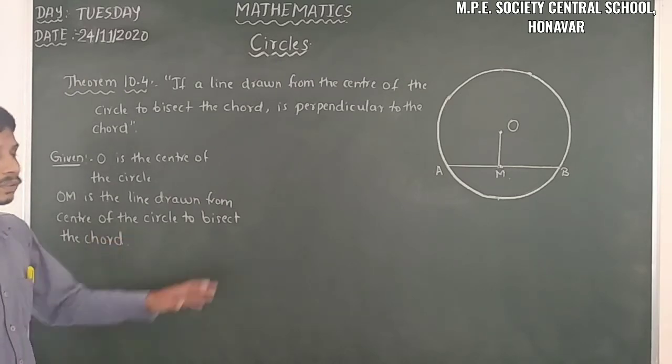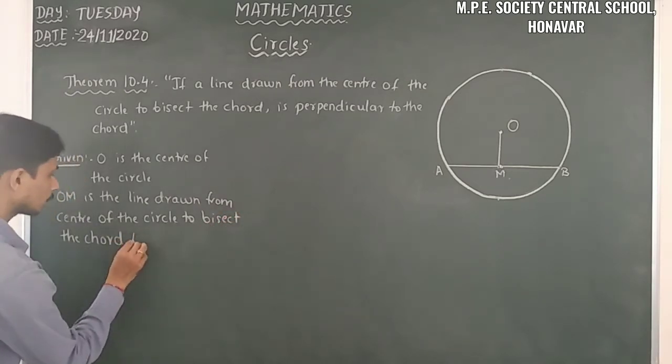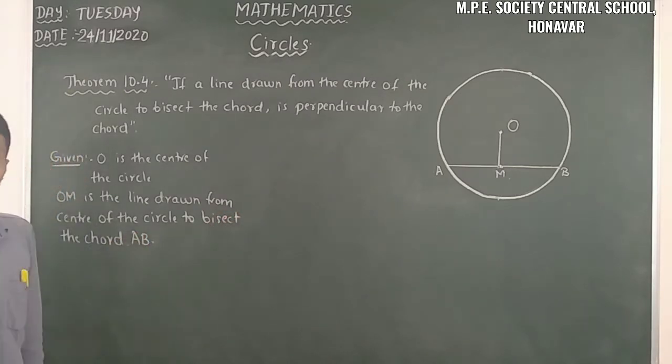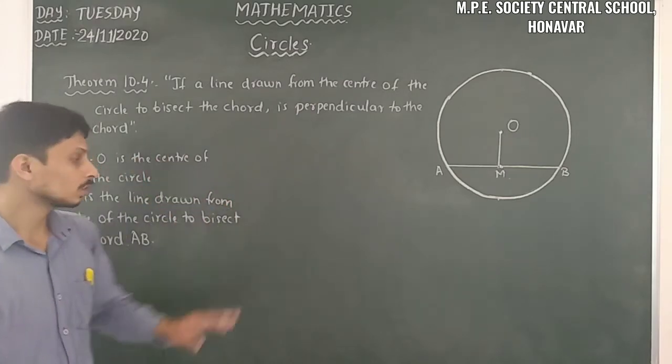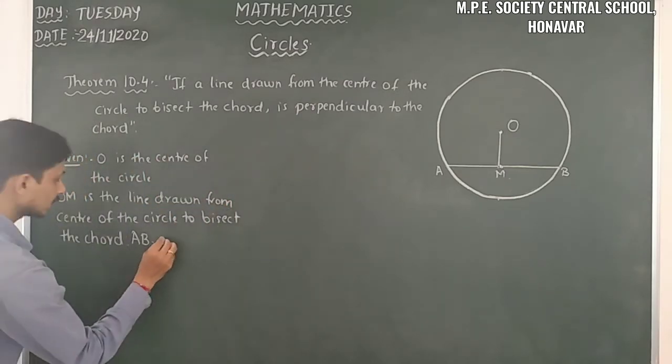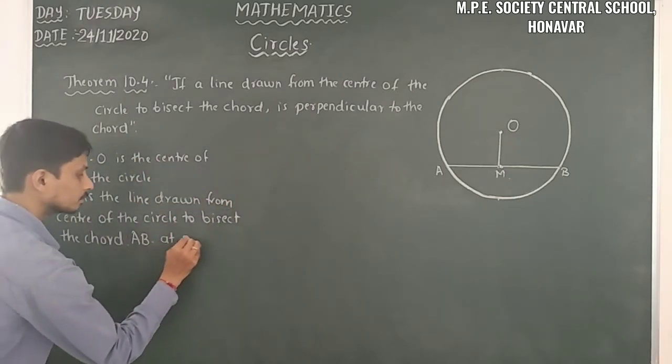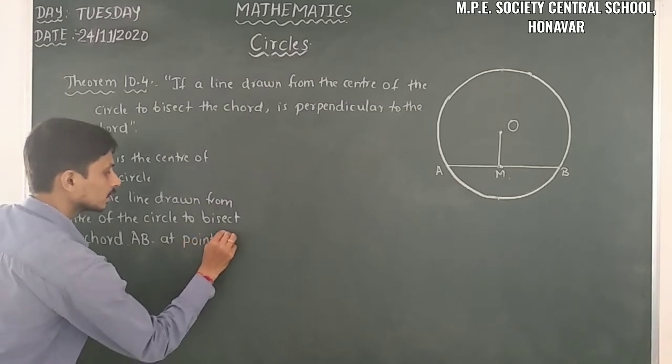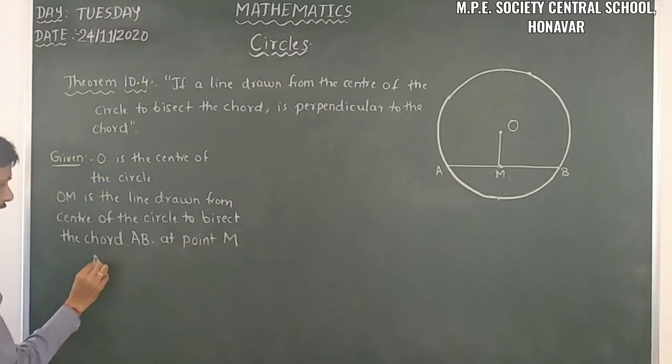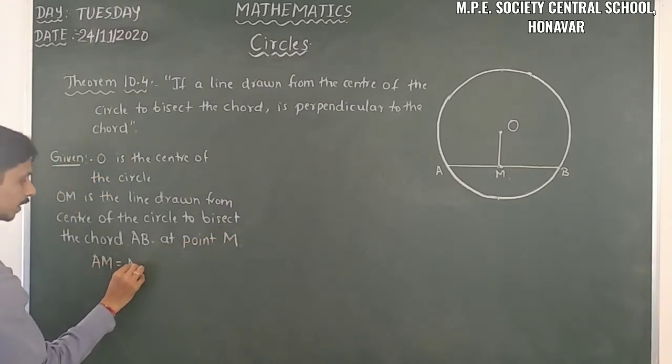What is the chord here? Chord AB. It bisects the chord AB at point M, such that AM is equal to MB.